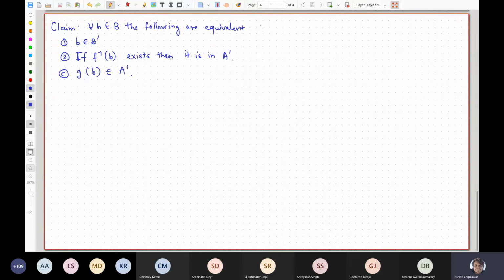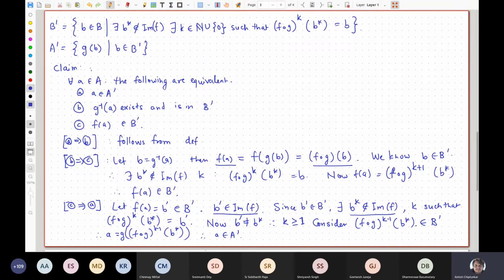Raise your hand if you're not confident that you will be able to prove this with a little bit of effort. The proof is going to follow more or less the same path. Okay, cool. So people are confident about it.